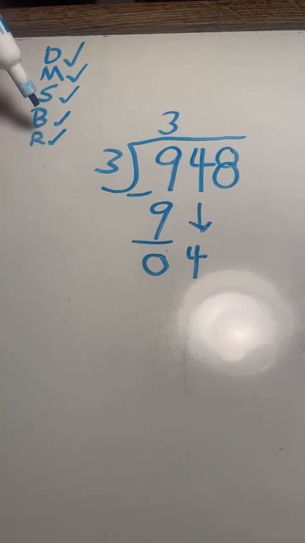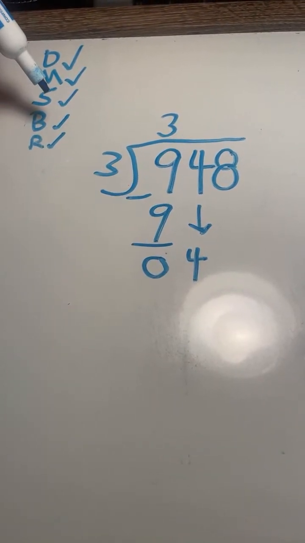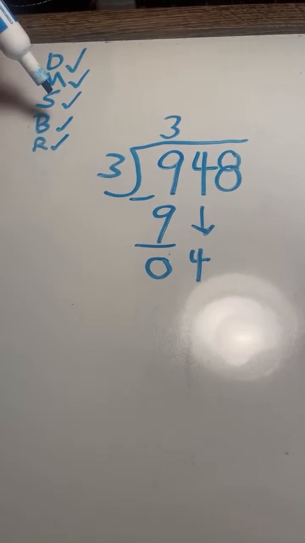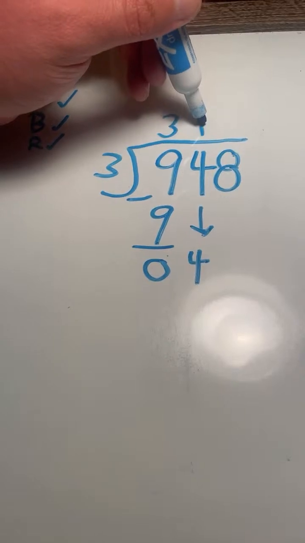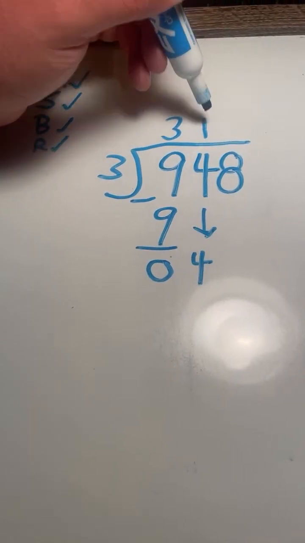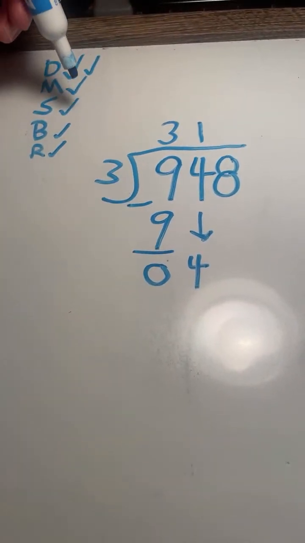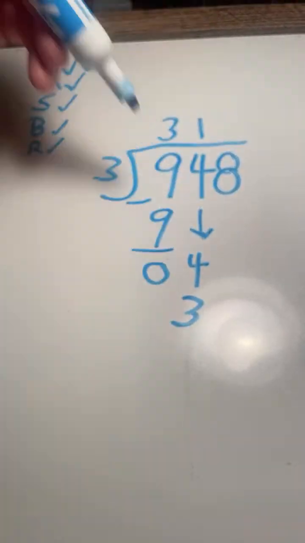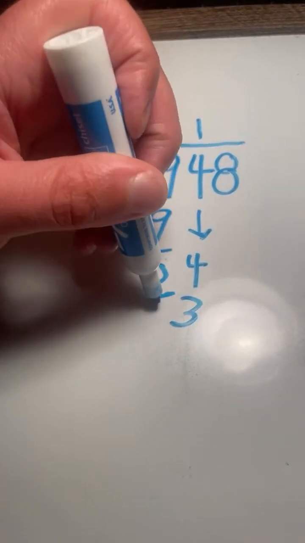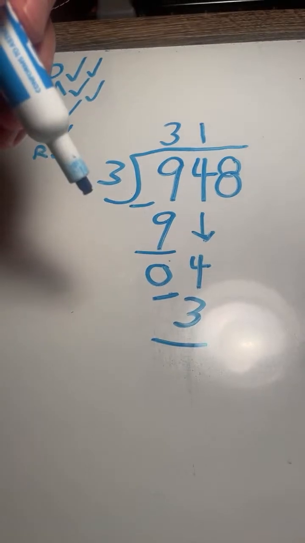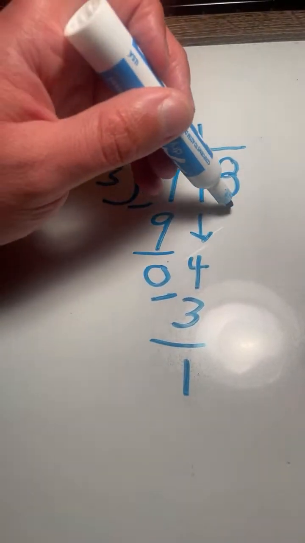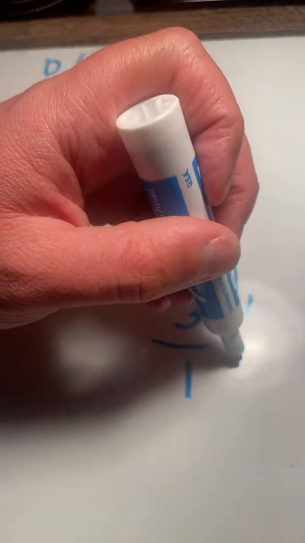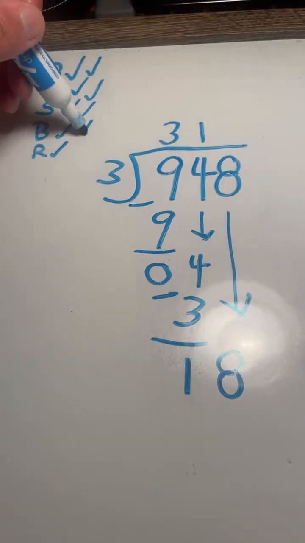Now we repeat the steps. 4 divided by 3 equals 1. Next, we multiply. 1 times 3 equals 3. Next, we subtract. 4 minus 3 equals 1. Next, we bring down the 8. The 1 becomes an 18.